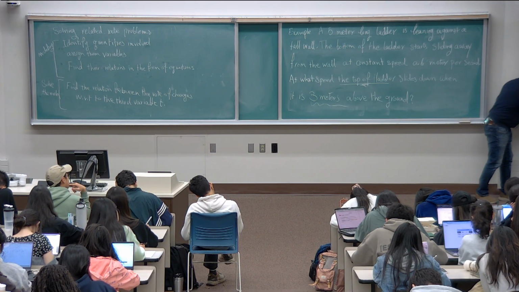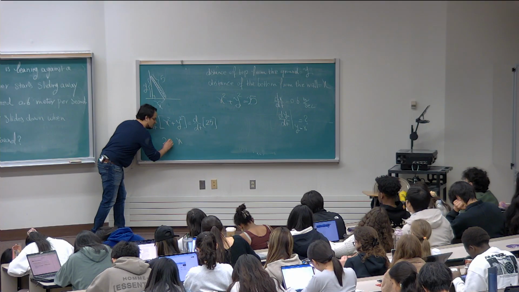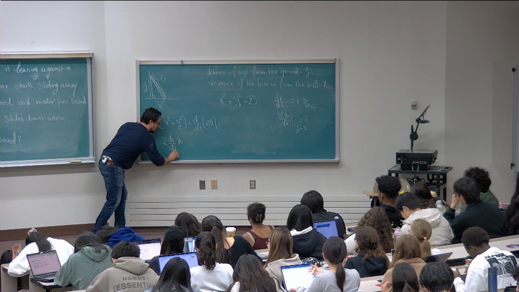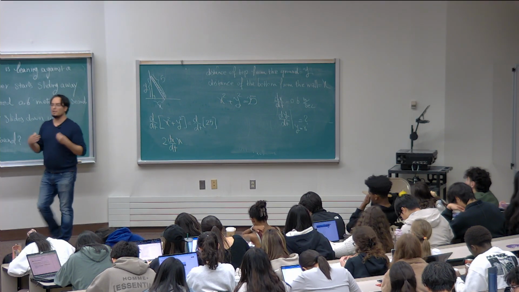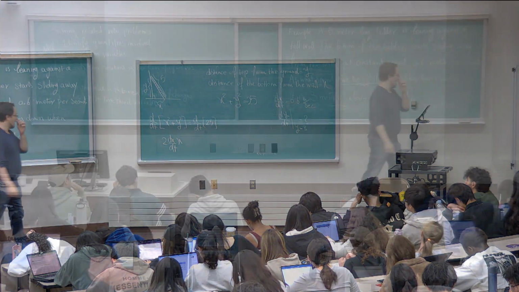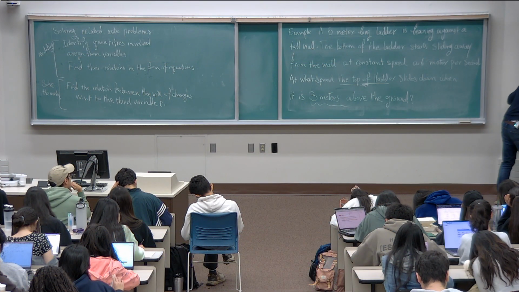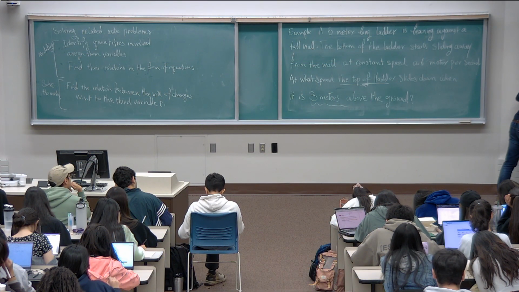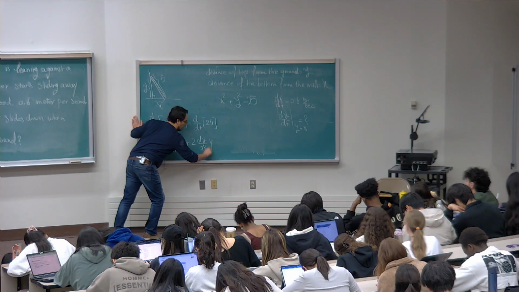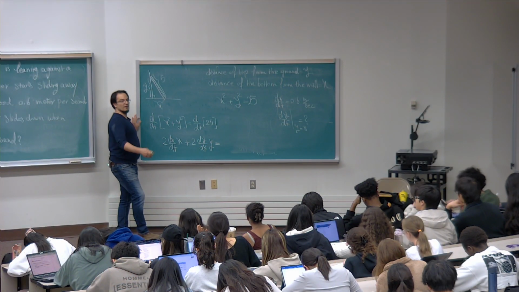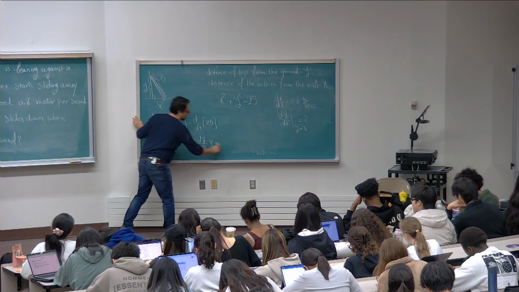It's not 2x, it is 2x dx/dt, because I have to implement the chain rule there. Plus 2y dy/dt, and the derivative of the constant. The length was constant, so the right-hand side is 0.